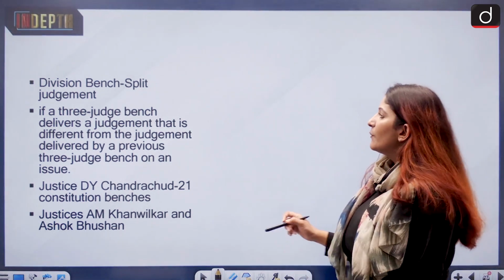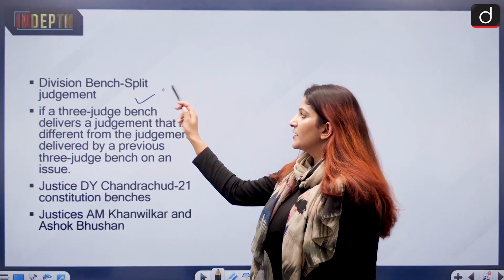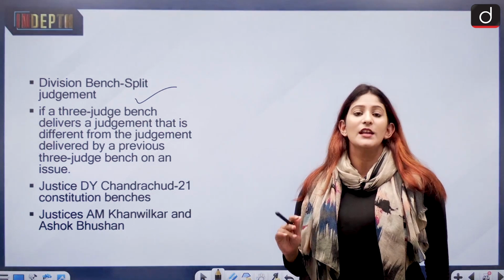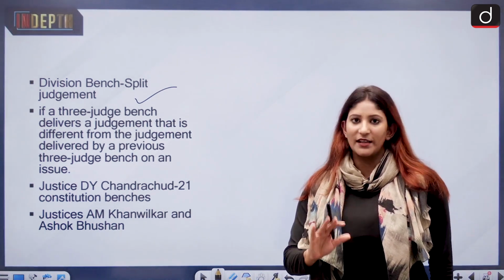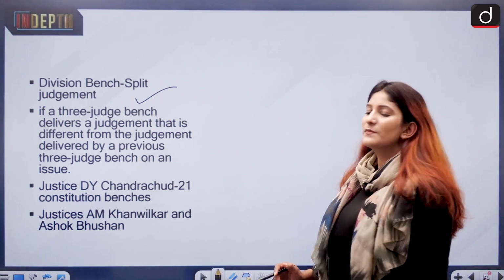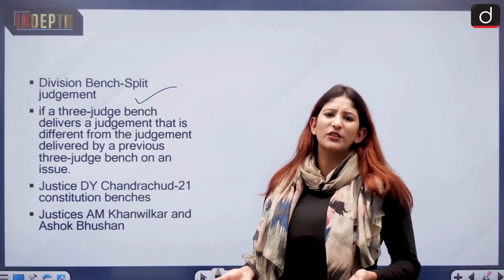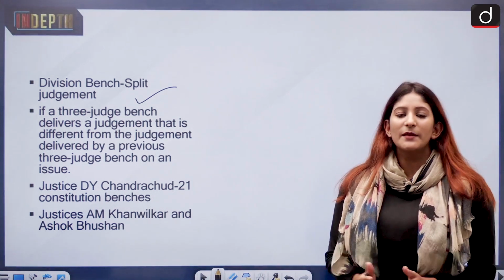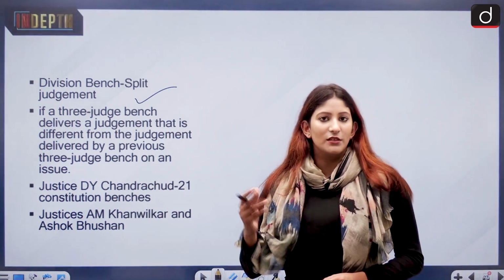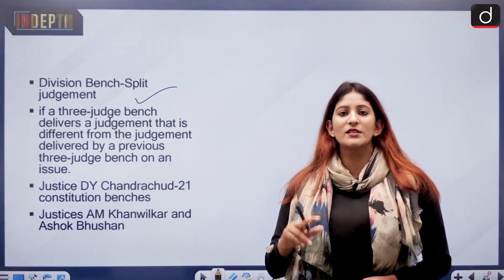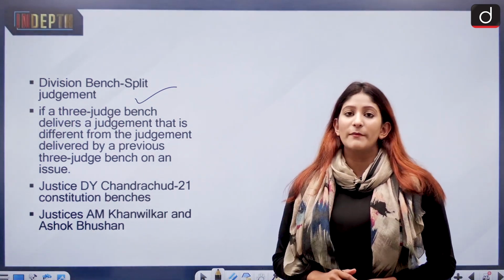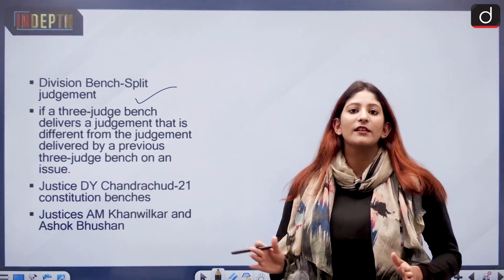The reason: when a division bench gives a split judgment. We have talked about split judgment in detail; in the description box, I will put the link for you. A division bench is basically a bench of 2 or 3 judges. Sometimes it can happen that 2 judges are not able to see eye to eye on a particular matter, so they give differing judgments.